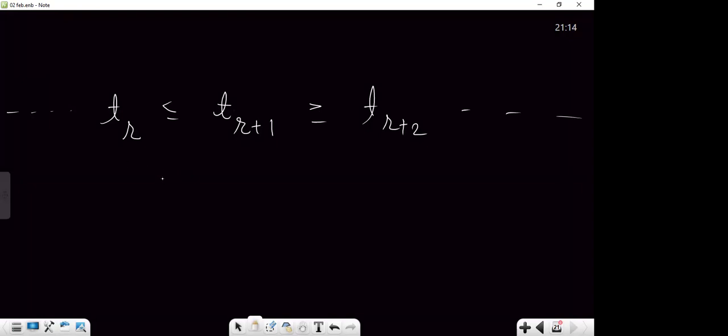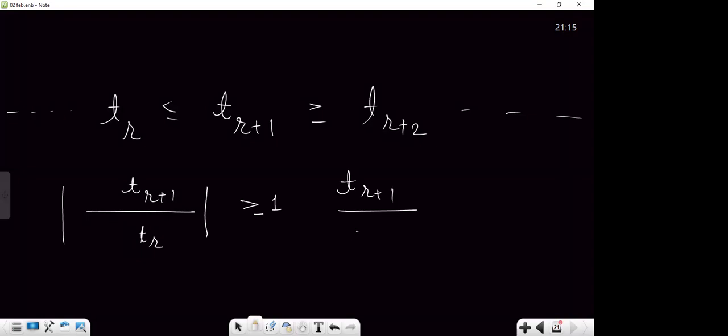So the point here is TR plus 1 divided by TR, its modulus should be greater than 1. And also, if we take the ratio of TR plus 1th term divided by TR plus 2th term, this should also be greater than 1 because TR plus 1 is the greatest term.